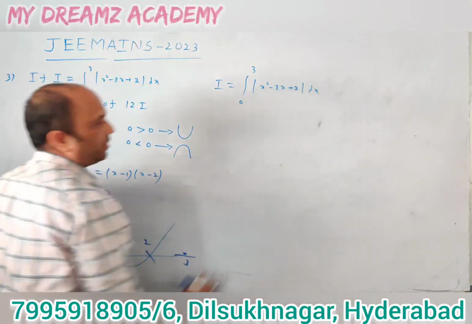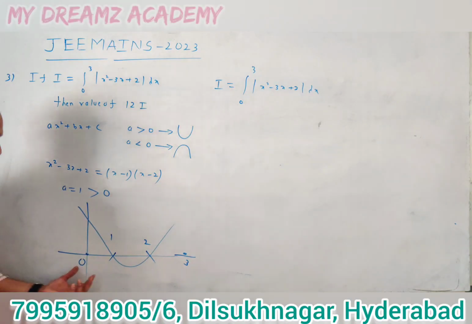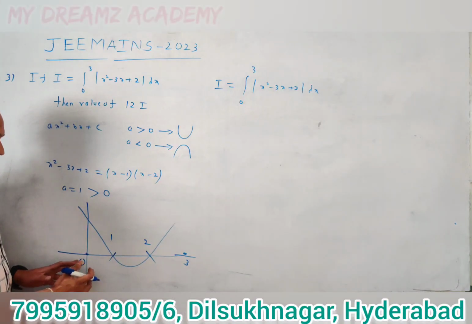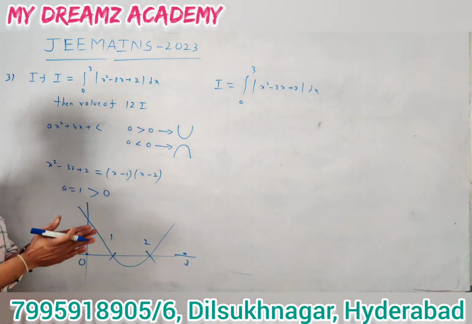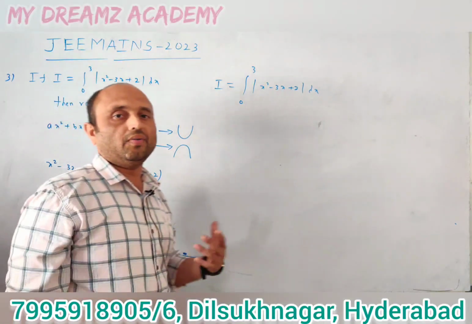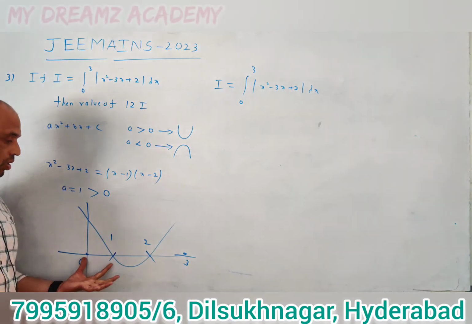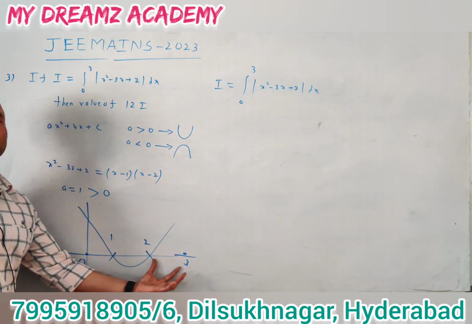Now just split the integration into 0 to 1, 1 to 2, and 2 to 3, because our curve varies: between 0 to 1 it is positive, 1 to 2 it is negative, 2 to 3 it is positive.